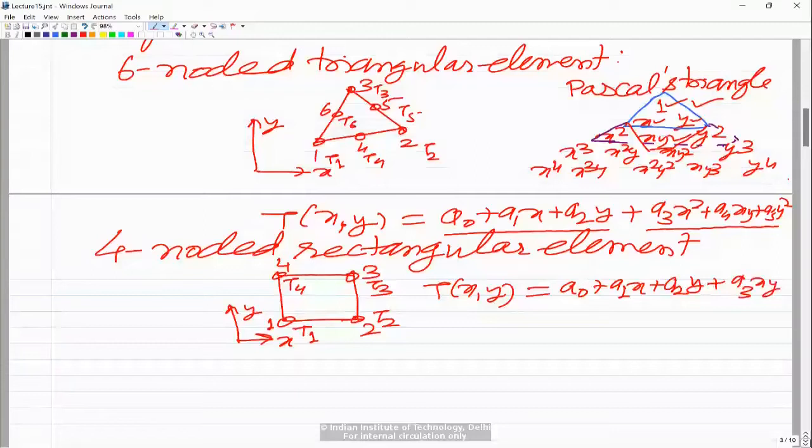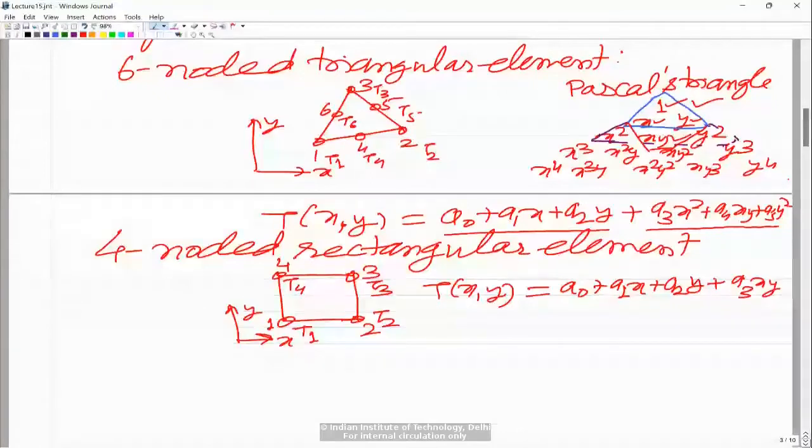And we have four parameters, a0, a1, a2, a3. They can be expressed in terms of the four elemental degrees of freedom: T1, T2, T3, and T4. So this is how we assume the approximate solution for this case. Again, we are going through Pascal's triangle, taking the constant term, the linear terms, and from the quadratic we are taking only xy.